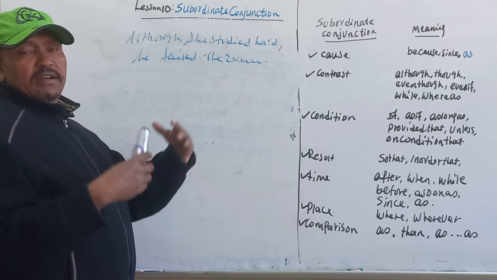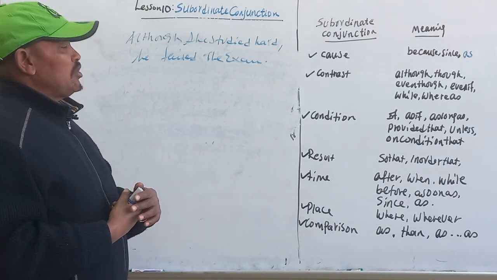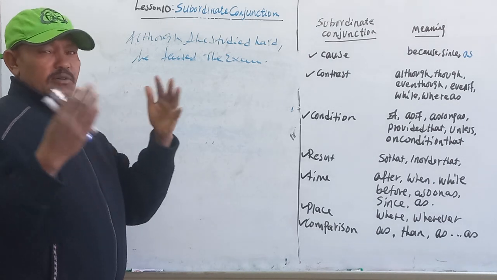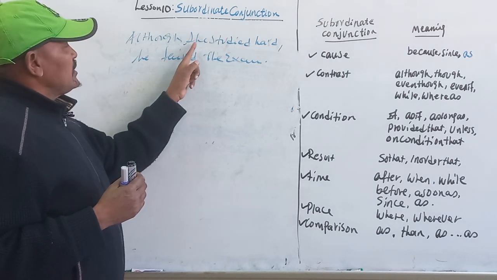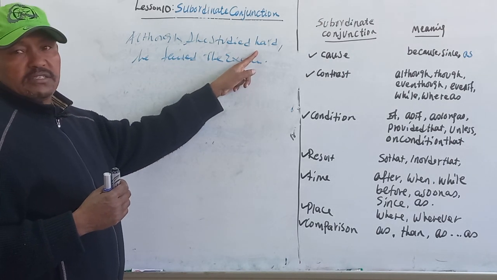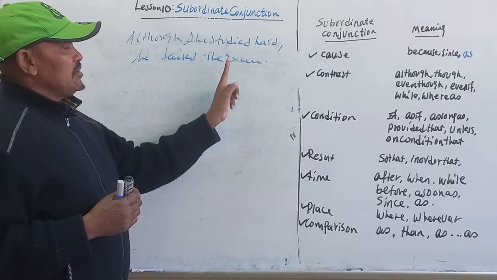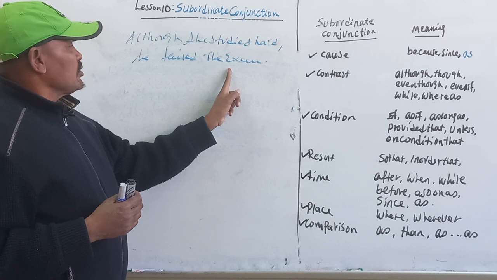The two ideas are contrast, right, opposite. Although she studied hard is a dependent clause, and there is a comma to separate this dependent clause from the independent clause, so she failed the exam.